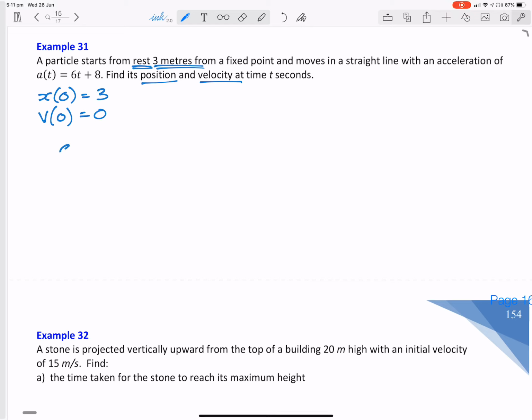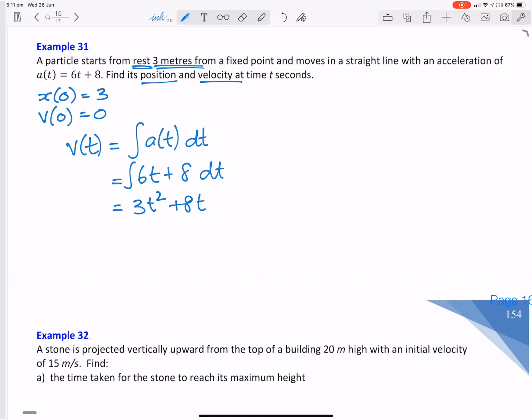So if we've got a of t and we want v of t, that's the integral of a of t dt, which is the integral of 6t plus 8 dt, which is 3t squared plus 8t plus c.